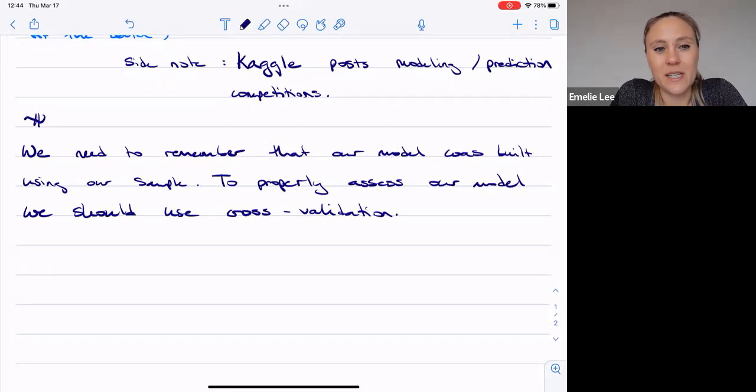This cross-validation is not really possible if you have a very, very small sample, although there are ways to get around it.